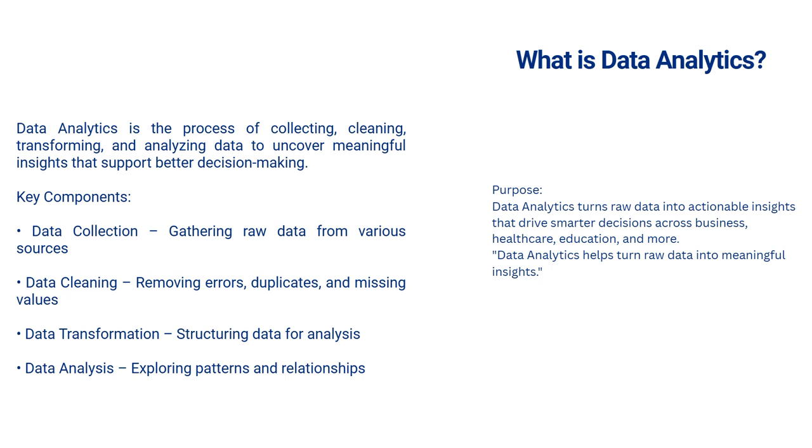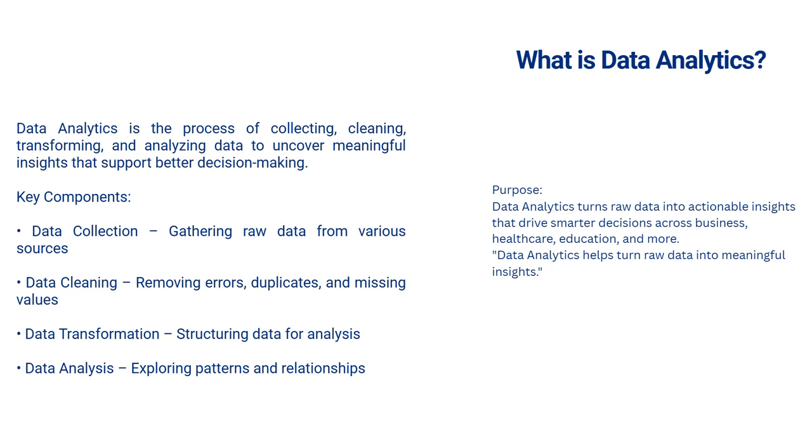What are the key components of data analytics? Data analytics actually has about 5 steps. However, the key components are data collection, which refers to gathering raw data from various sources; data cleaning, where we look at how we can remove errors, duplicates, and missing values; then data transformation, where we restructure the data for better analysis; and then data analysis, which refers to exploring patterns and relationships in the data.